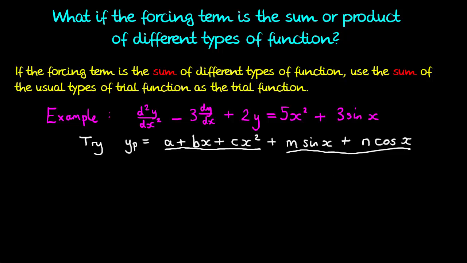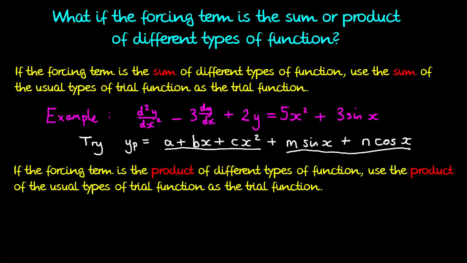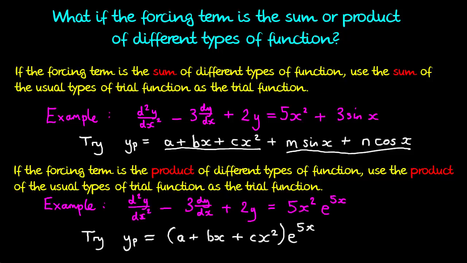And finally, what if we haven't got the sum, but instead we've got a forcing term that's the product of different types of function? Well, fairly intuitively, you use the product of the usual types of trial function as the trial function. So here's a final example. On the right hand side, we've got x squared multiplied by an exponential e to the 5x.